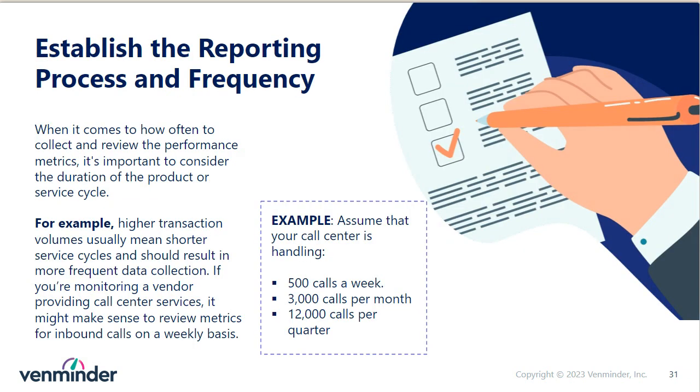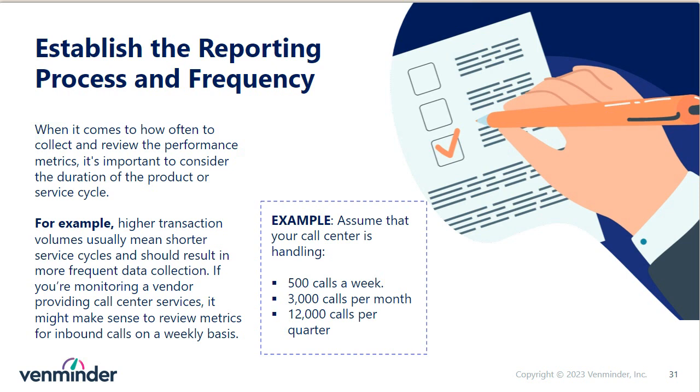Now, one thing that's true in life is that timing is everything, and it's especially relevant when we're thinking about how often to pull and review our vendor performance data. A good rule of thumb is built around the service cycle or transaction length. So in this example, suppose our call center gets about 500 calls a week, and each one of those calls is going to contribute to the vendor's performance and probably your NPS rating.